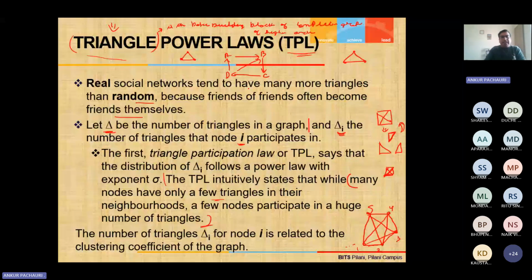There can be triangles, but in that case, there will be only one triangle. And if this is the direction, then there will also be one triangle, A to C, C to D, and D to A. But in that case, if this is my graph, the number of triangles will be 2.